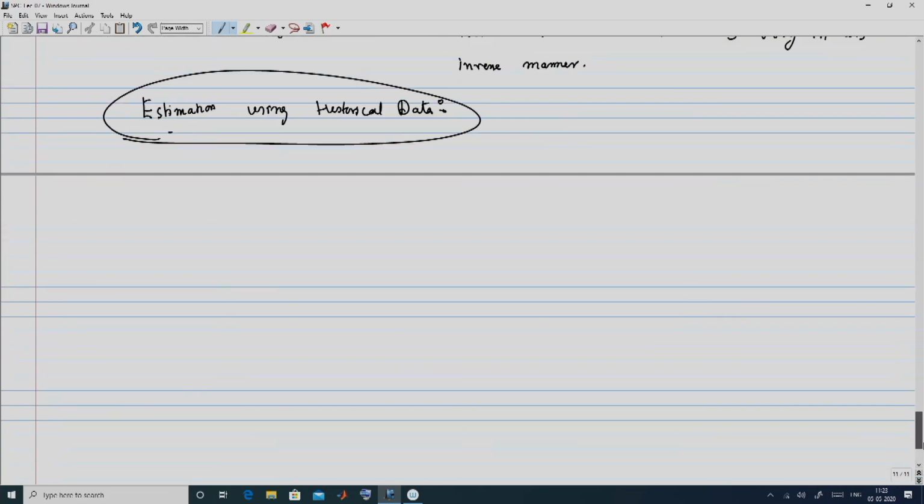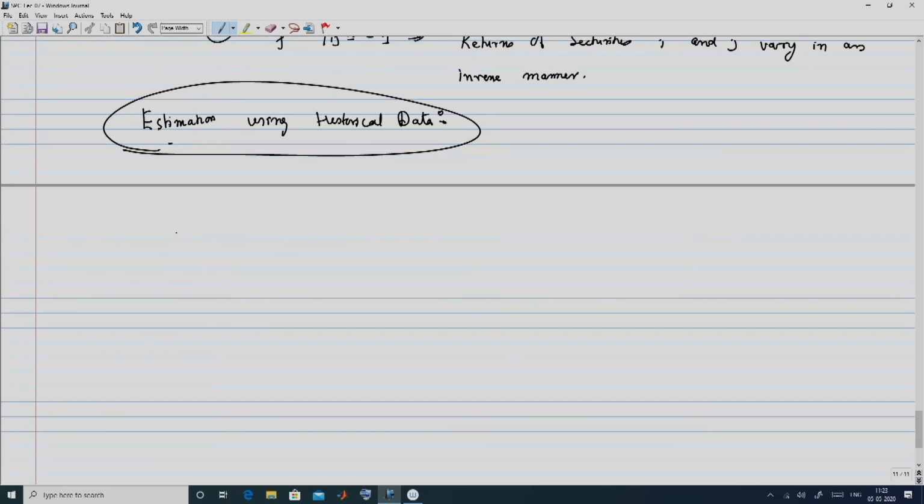By historical data I basically mean the stock prices or the asset price movements from the past, and you can view this as the closing prices at the end of each day, and the return is going to be given by the definition of the return that we had introduced earlier in the class without the dividends being taken into account, and later on this can be expanded to take the dividends into account.